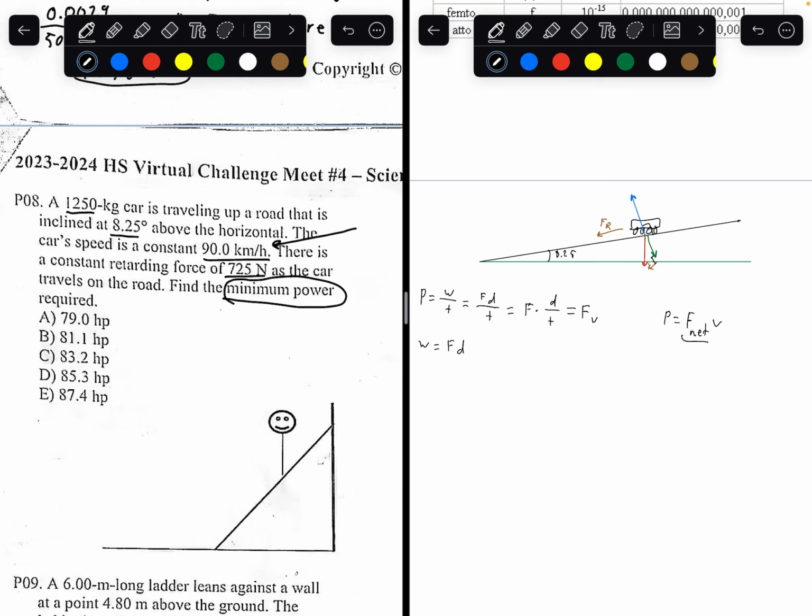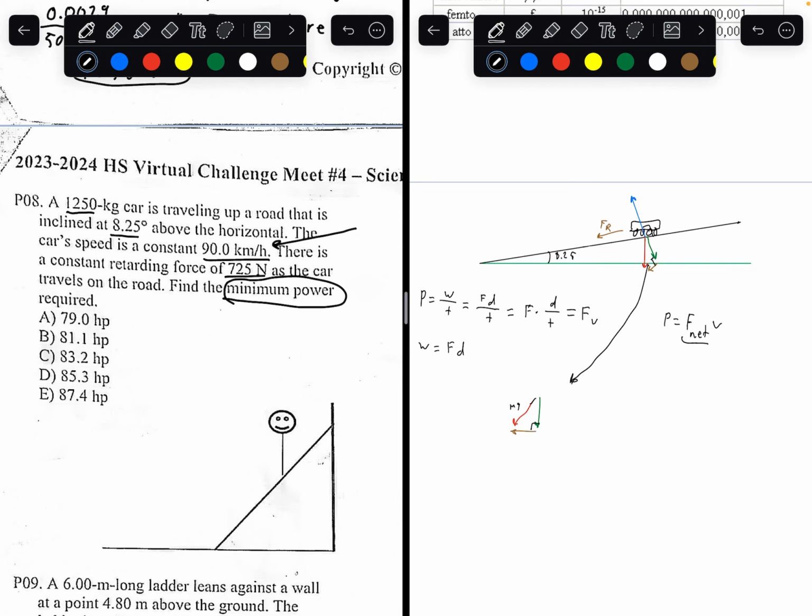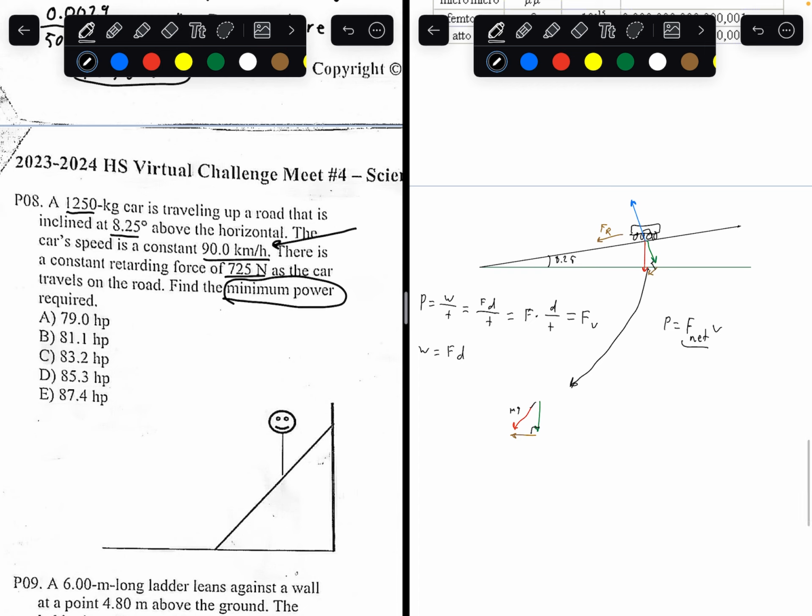I'll redraw that triangle down here. So you have a green line, a brown line, and a red line. The red line is equal to mass times gravity. And you have a right angle here. Another thing you have to note is that the angle right here between the red and the green line is equal to the incline angle, since these two are similar triangles.